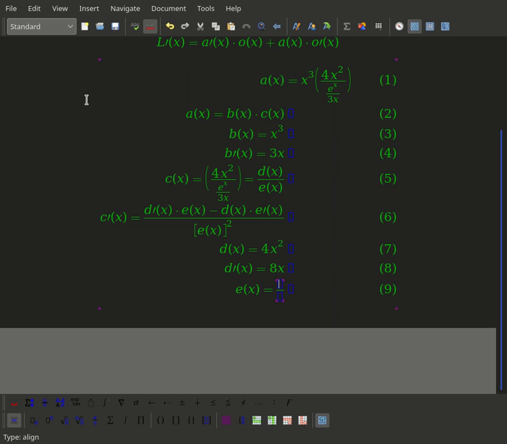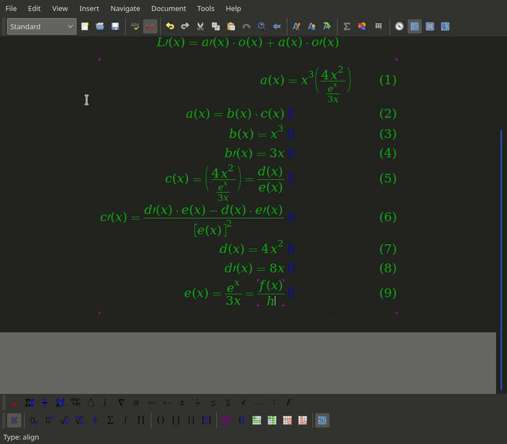It's another quotient. So we've got e to the x over 3x, which we're going to call equal to basically f of x over h of x. And this is why I started the second half of the equation out at O. We're using up a lot of it here.